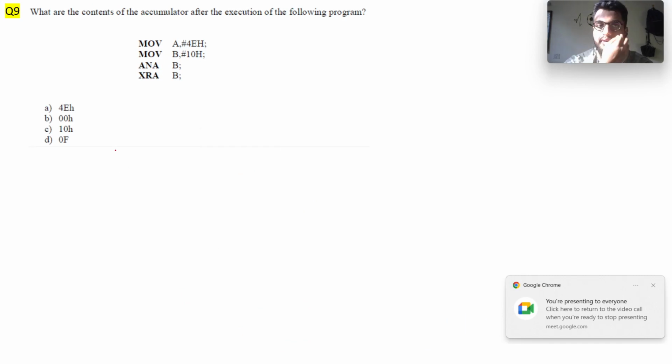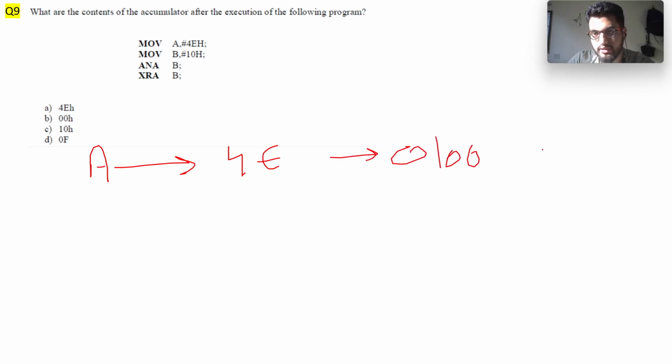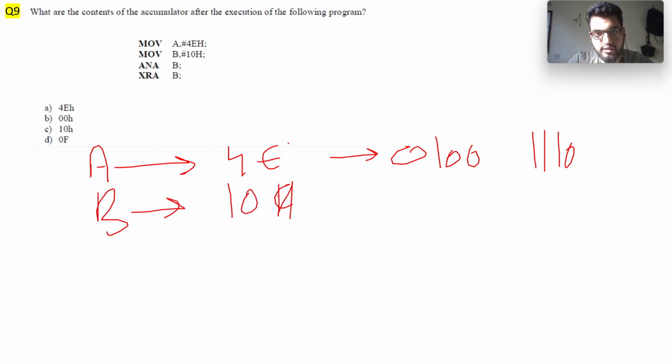Here we have this instruction: move A 4E8. So A gets loaded with 4E. In binary, E is 14, so 1110. Then I have move B, so B gets loaded with 10 hex, that is 0001 0000.